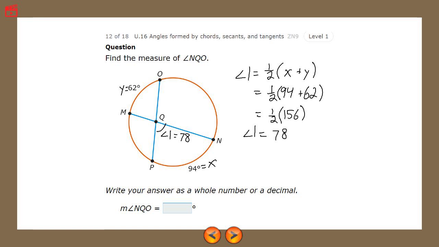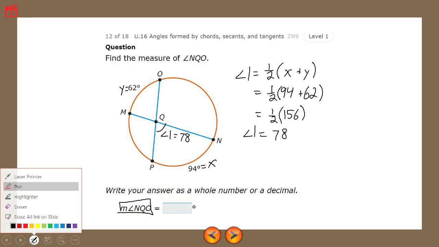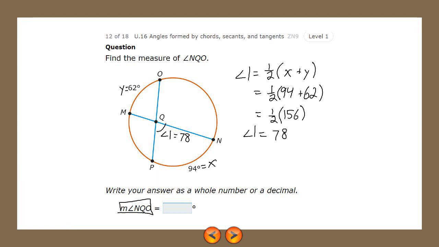But let's take a minute to read what we're being asked to find. Again, they will try and trick you. I will try and trick you. Answer the question that's being asked. They want NQO. They want the measure of NQO. But that's not the angle I found. I found NQP.